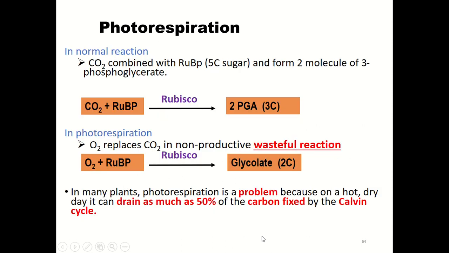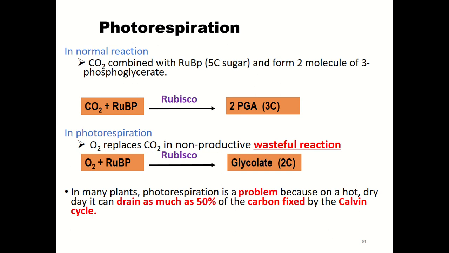So in the normal reaction, which is referred to as the Calvin cycle, carbon dioxide will combine with Rubisco and form two molecules of PGA, phosphoglycerate, also known as glyceraldehyde 3-phosphate.